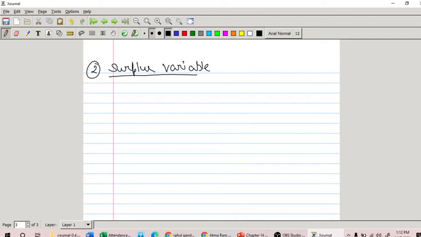Let us write an example: 2x plus 4y is greater than or equal to 25. We will deduct a variable from the LHS to make it equal to the RHS.